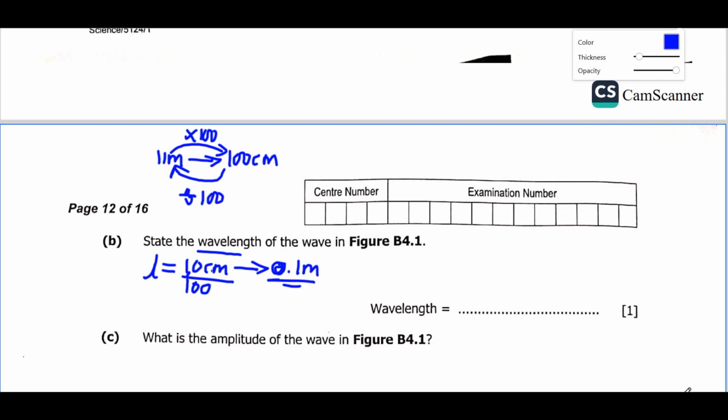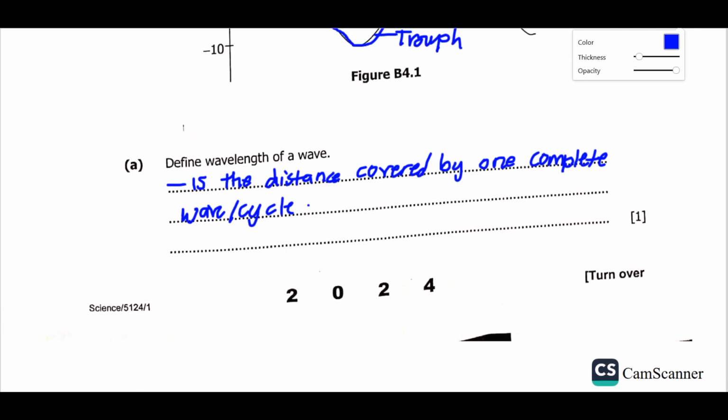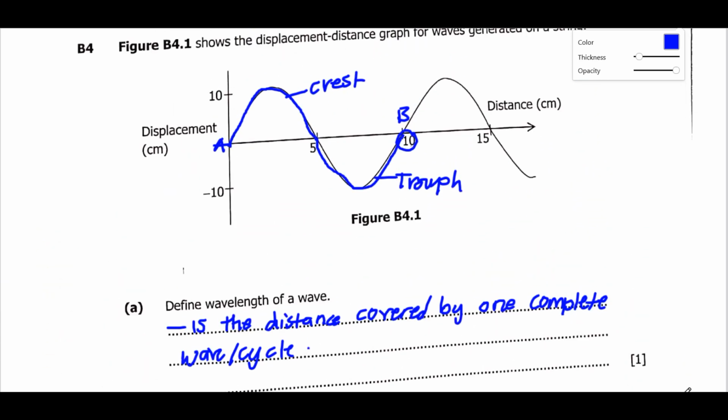Then question C, what is the amplitude of the wave in figure B4.1? The amplitude is the highest point reached by a wave from its rest position. So this is the rest position. This was the position of the string before it was disturbed. So from this point up to this point, this distance is our amplitude.